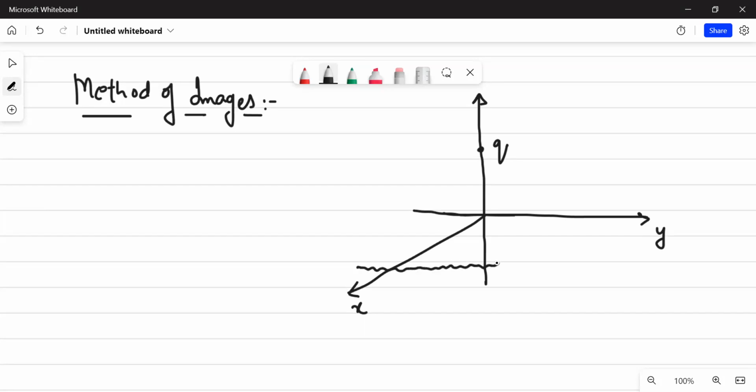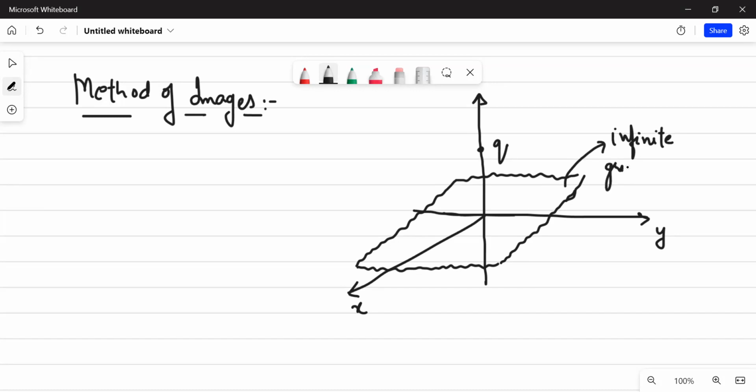And let's say there is a conducting plane here on the xy plane, and let us ground it. So I'm writing here, this is an infinite grounded conducting plane.